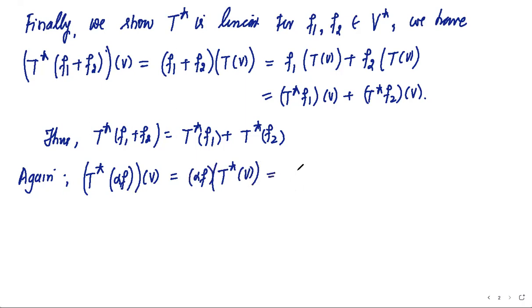But now, since f is a linear map, we can write this as f of alpha T of v. So actually, this is not T star here. So this is alpha T of v.